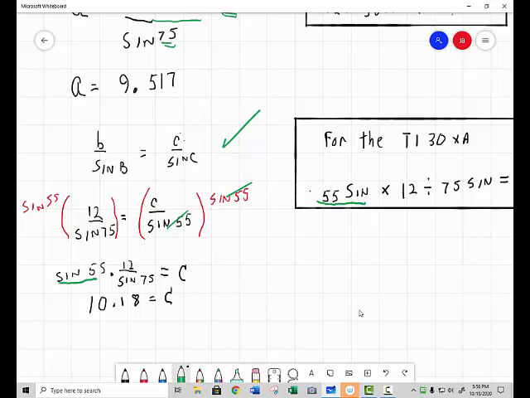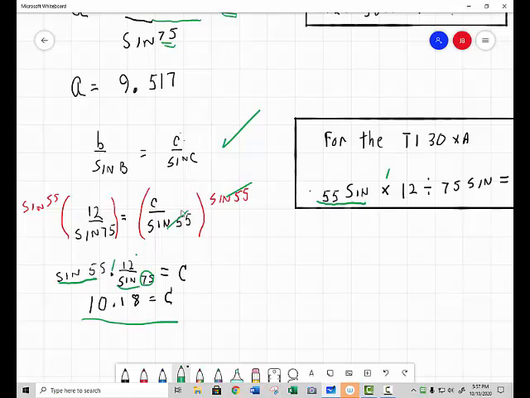And then I'm going to multiply times 12, and then I'm going to divide by the sine of 75. Again, I have to put the argument in first. The 75 goes in first, and then sine, and push equals, and I get that side C is now 10.18, whatever, inches, meters, or whatever.